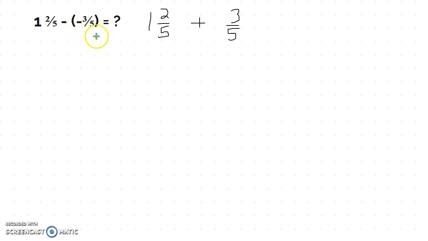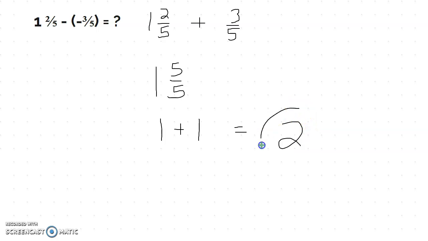Minus a negative is just like adding the opposite. Minus a negative, adding a positive. Now all I have is a 1 2/5 and I'm adding a 3/5. Well, the 2/5 and the 3/5 add together to make 5/5. So it's kind of like 1 5/5, and you can think of that as 1 and another whole. 5/5 is 1. The final answer here is a whole number 2.